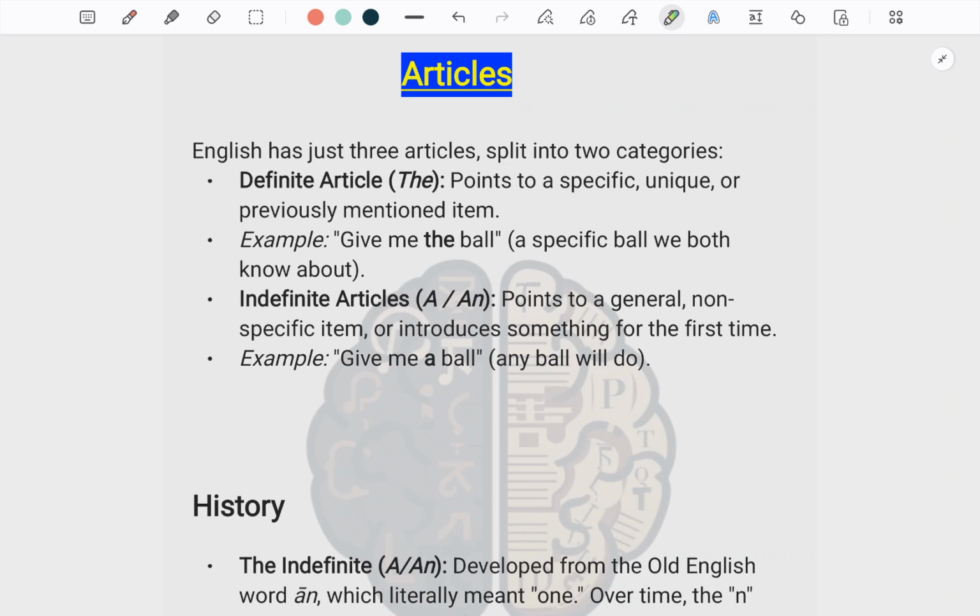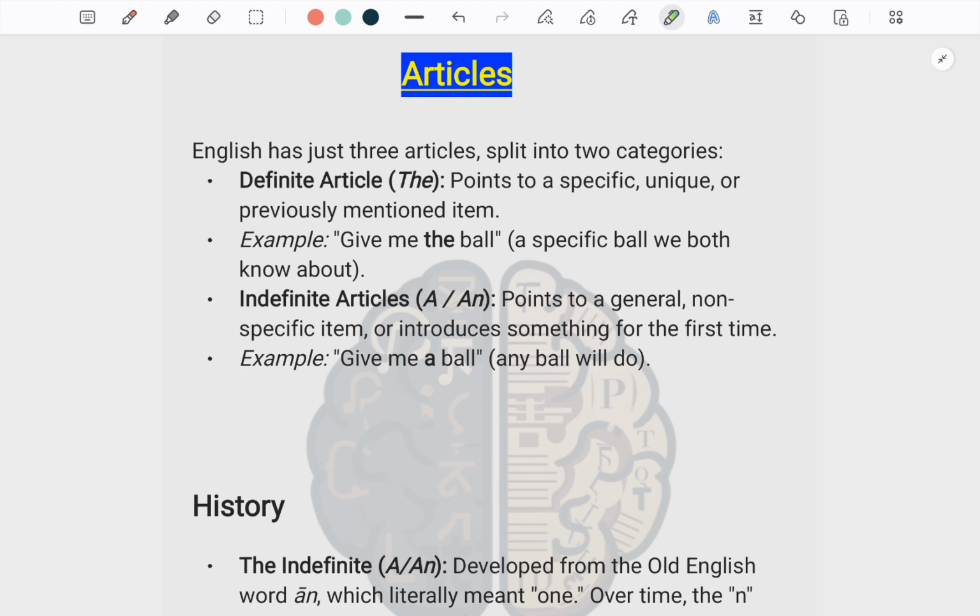So dear friends, in this lecture we have a discussion on one of the very important topics of grammar, that is the articles. In this lecture we will discuss the articles, their definition, some of their history, and some of the rules and formulas about the articles.